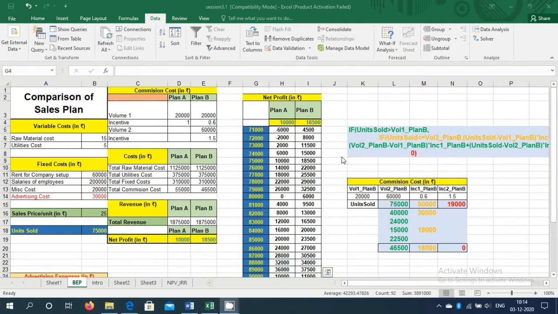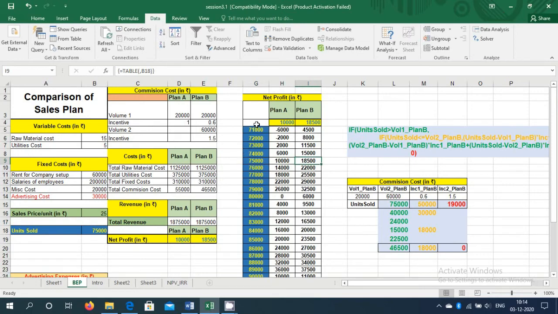So here you can see our numbers, 75,000 over here. This is the units. For 75,000 you can see how much is the profit of our plan A. It is 10,000. Plan B, it is 18,500. We have also calculated it in this way.